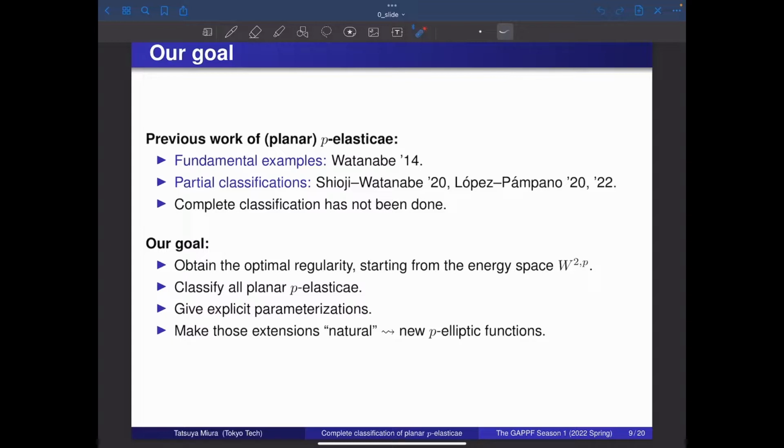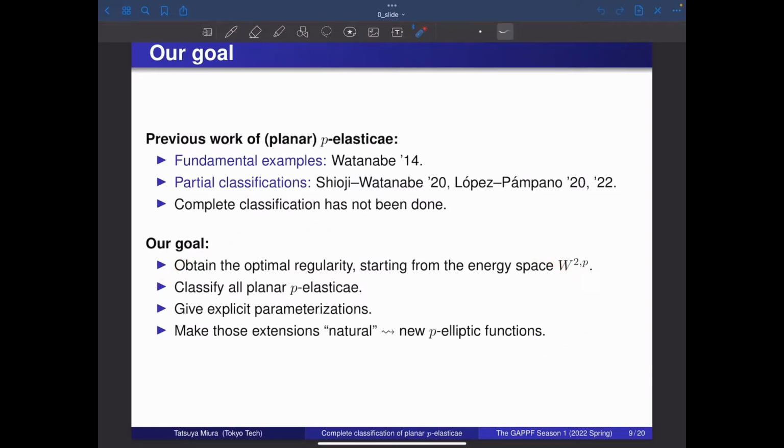So the classification is a more delicate issue than the classical case. We also want to give some explicit parameterizations to planar p-elasticae by introducing some new p-elliptic functions and also using p-elliptic integrals, in order to make those explicit formulae natural extensions of the classical formulae for elasticae. So these are our main goals.